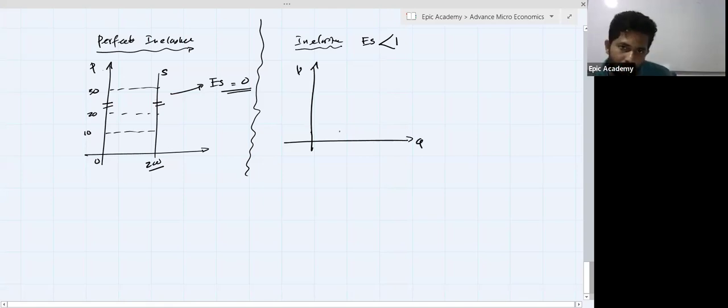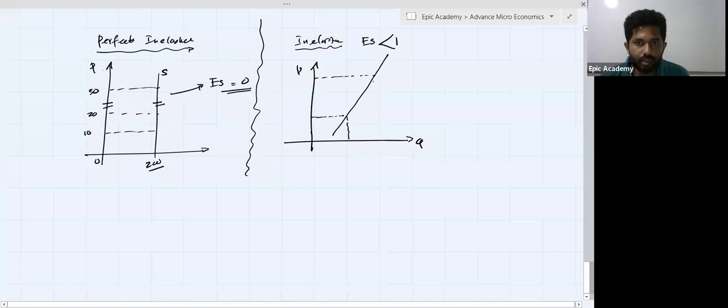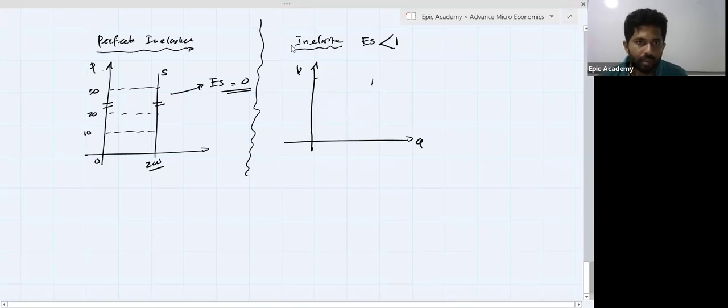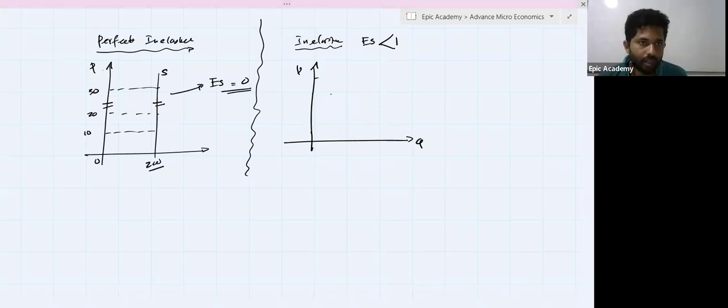And what will happen to the curve? It is something like that. Okay. The change of the quantity is a smaller value than the change of the price. I will change that. Okay. Something like that one is suitable.